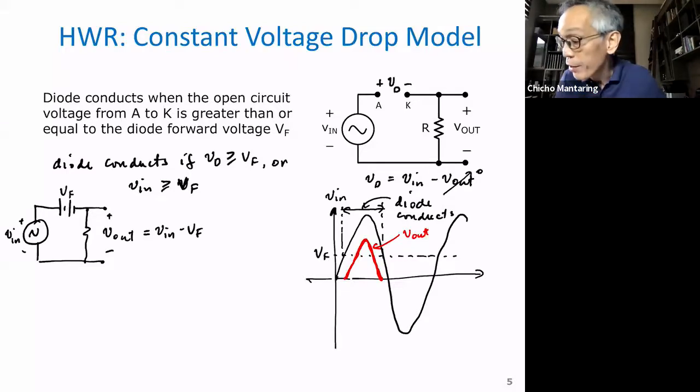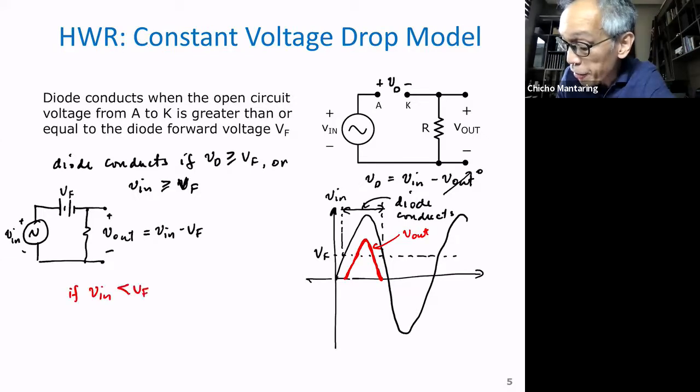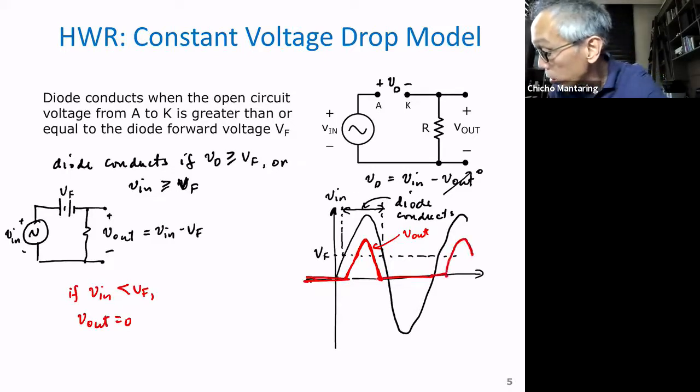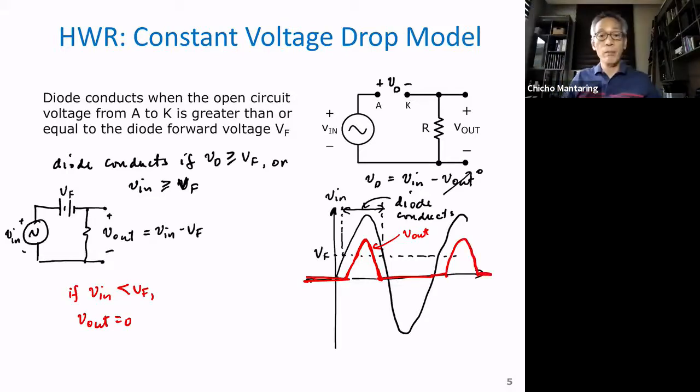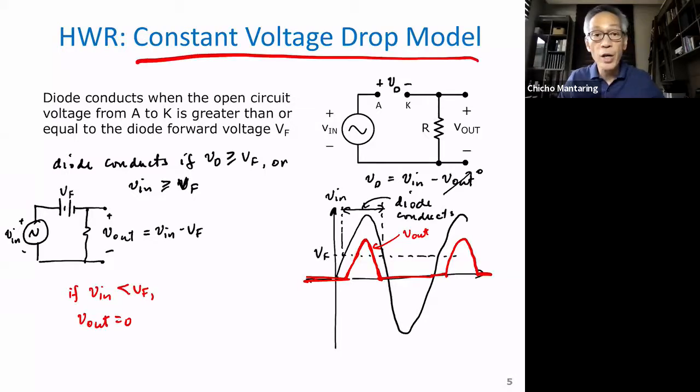Now, what about all other times? If V of N is less than V of F, excuse me, then this is an open circuit and V out is equal to 0. So this is how my output will look like now. So that is using the constant voltage drop model.